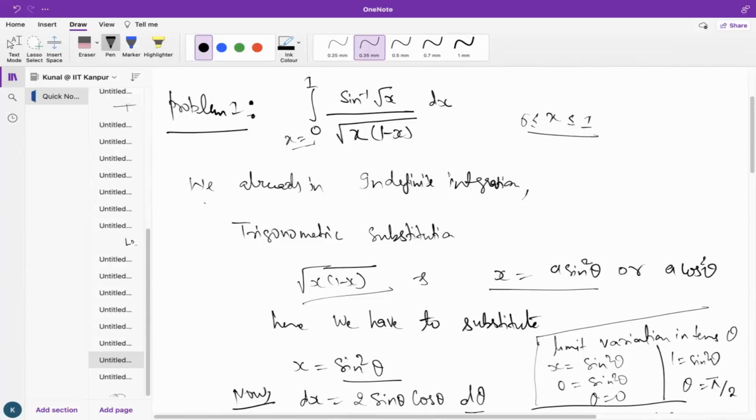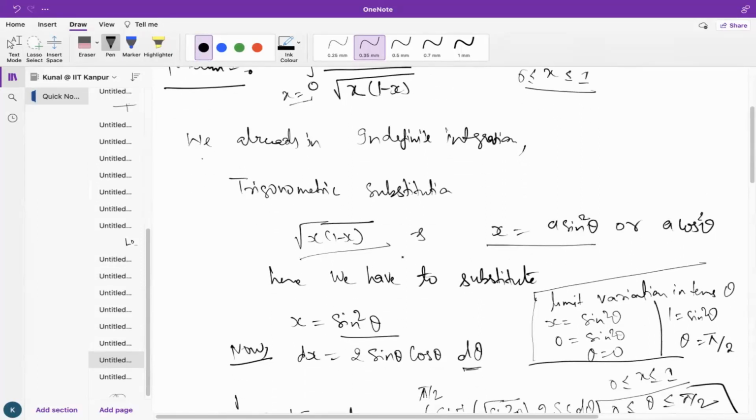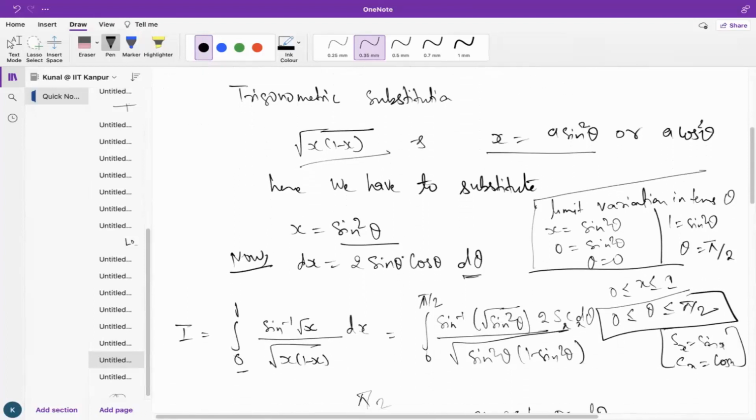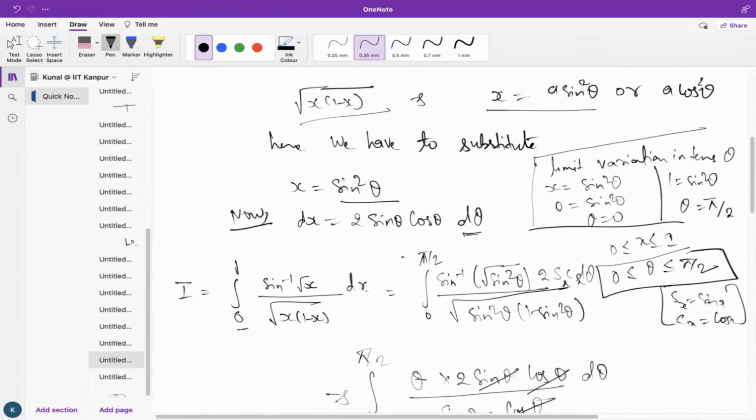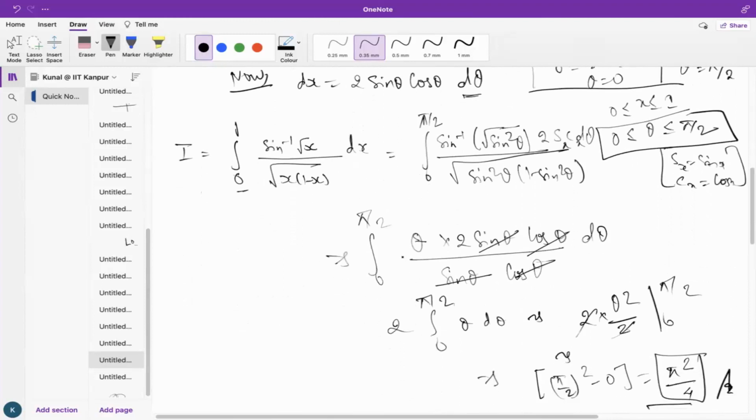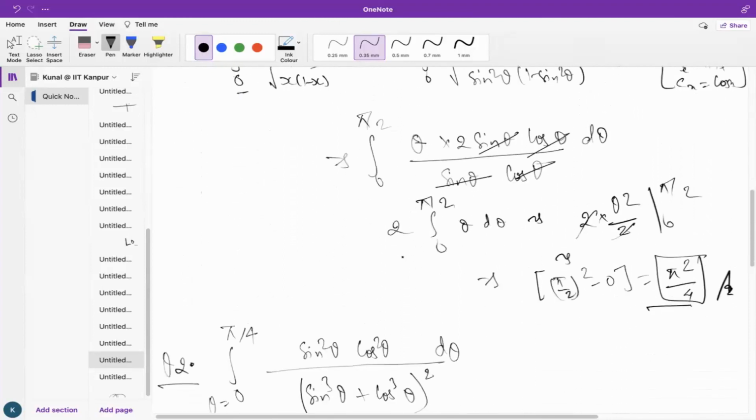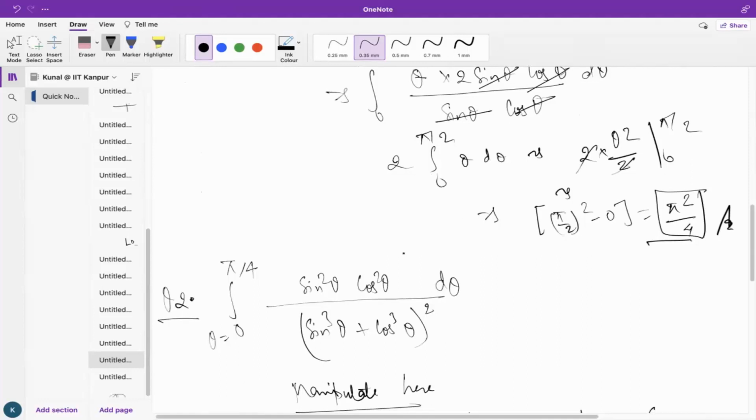We do some substitution, and then we proceed, using the property which we already read in the first and second lecture of the definite part. Then we get to the final result. So this is not a one-line problem. You have to follow a certain flow, and always be aware of what you are doing next.